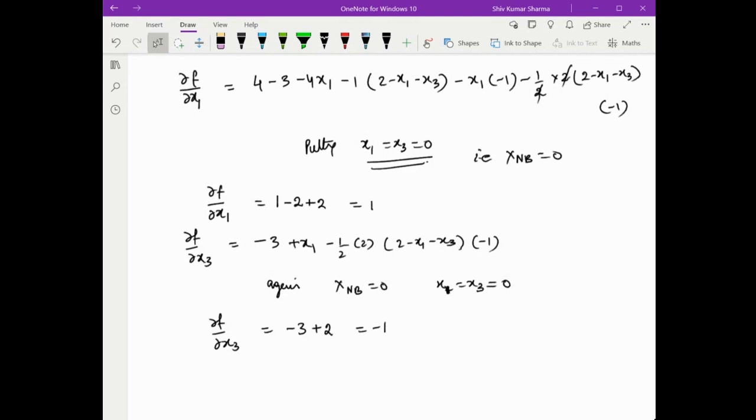So the value with respect to x1 is positive, that means 1, and x3 is negative. So what does this indicate? That x1 can be introduced to increase z.